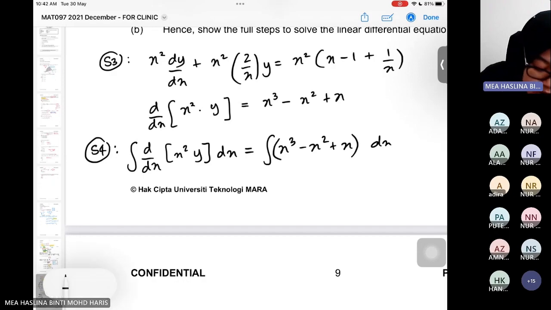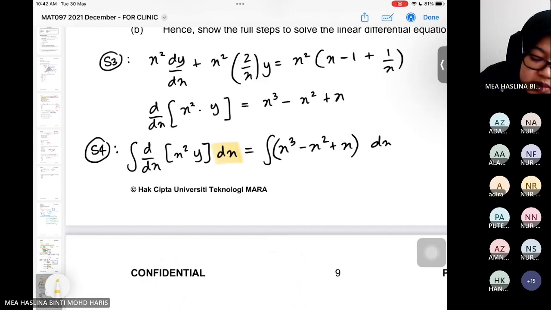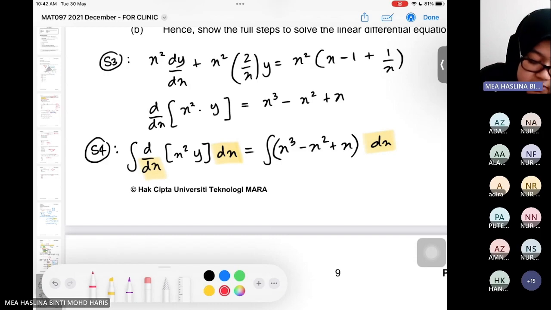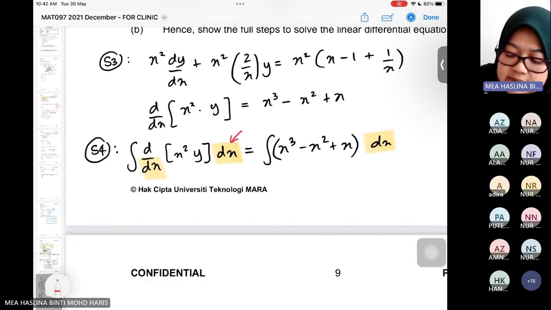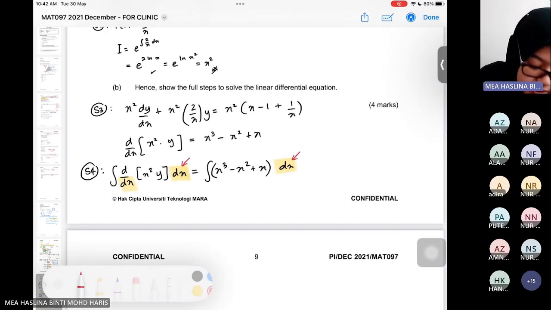I need to remind you, make sure you write this correctly. The d/dx, so you integrate with respect to x, and on the right hand side also you have integration with respect to x. Don't miss writing that d/dx. So after that, you proceed with the integration.